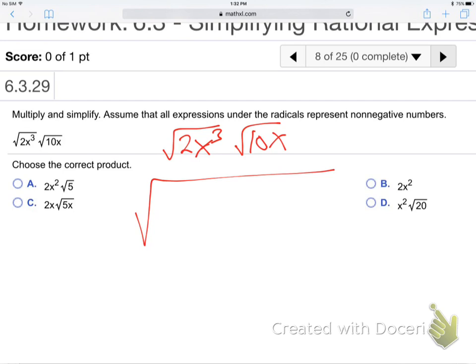2x is a second square root, right? Yeah, that is right. Y'all getting it? So bring down the 2. The 10, I'll just put the numbers in the front.